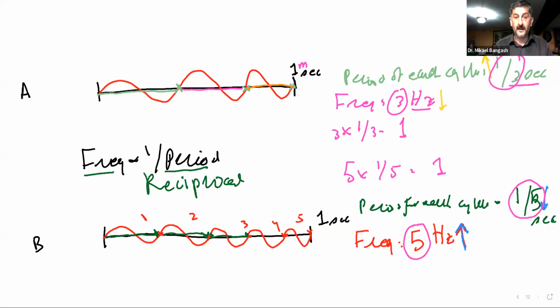So if this period here is a millisecond, what do we have now? We would have 3 cycles completed in a millisecond, which means that for a whole second you have completed 3,000 cycles.